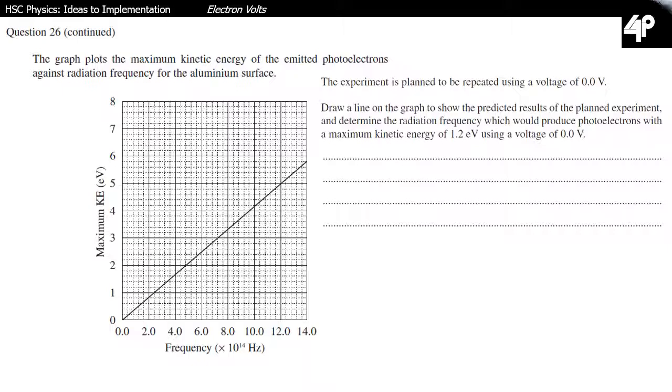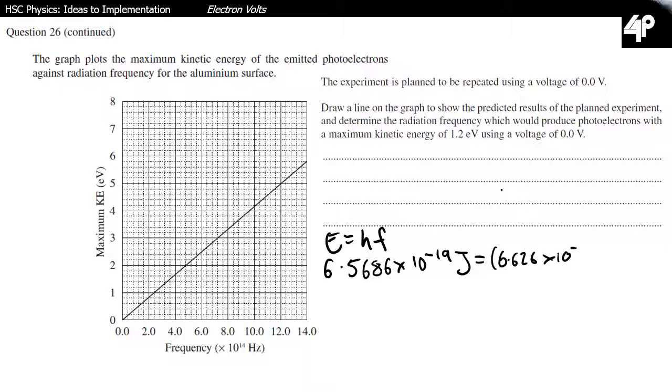E is equal to hf, the energy value E, 6.566 times 10 to the negative 19 joules is equal to h, of course, the Planck constant, 6.626 times 10 to the negative 34 joule seconds, multiplied by the frequency.